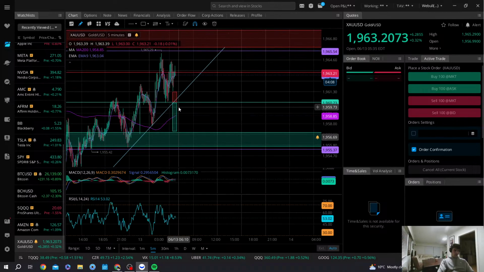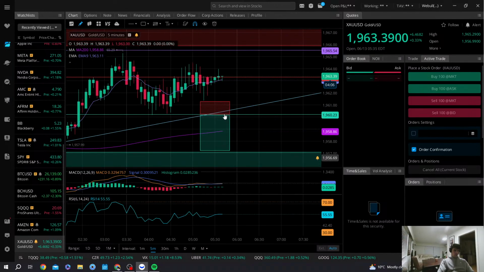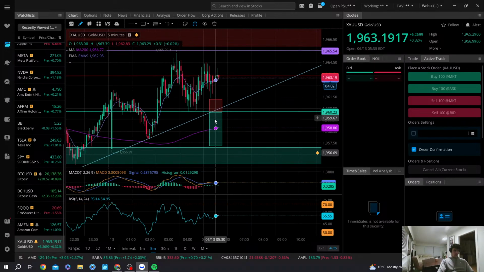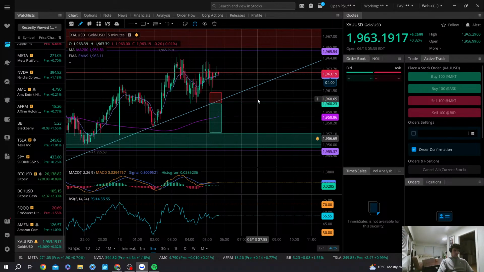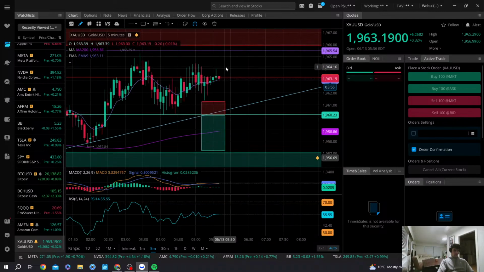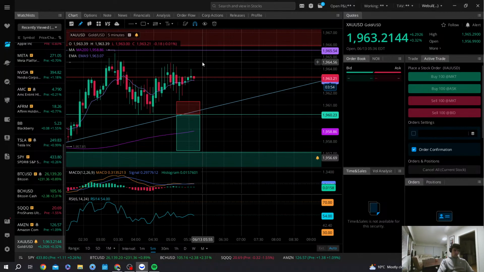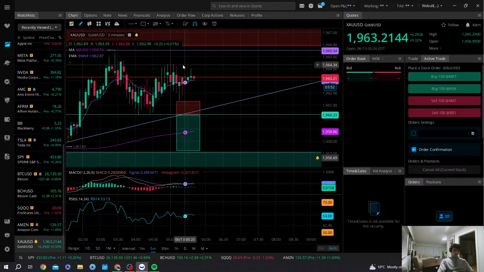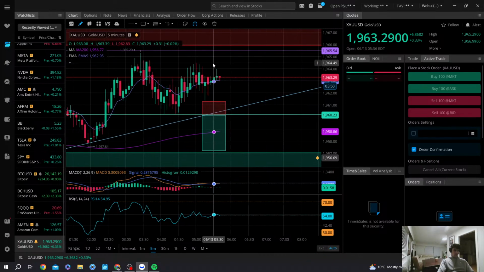Break this trend. Break through the support with volume, retest, and come all the way down. Obviously it doesn't need to happen, but that's the play that we're waiting on. And if it doesn't happen, it doesn't happen. If it does happen, it happens, you know? No sweat.